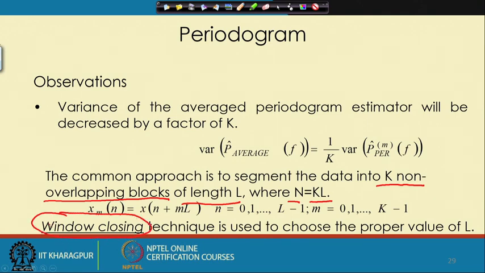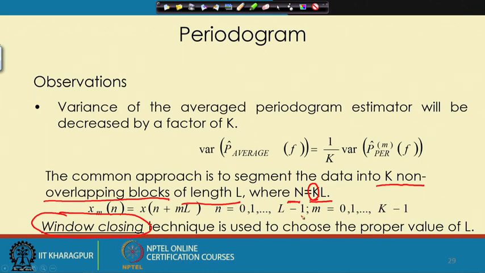Now, what do we mean by window closing? For that we need to go back and understand the effect of the choice of k and n. We have seen that if we increase the value of k, then for a fixed n, L will decrease. That means the length of each individual data sequence will decrease. What will be the effect of it?